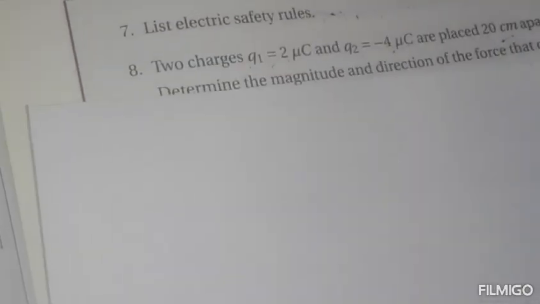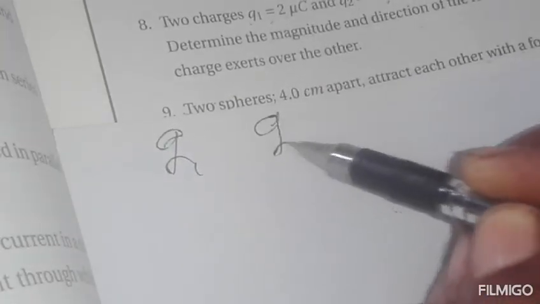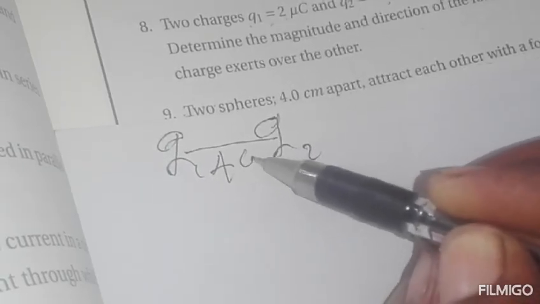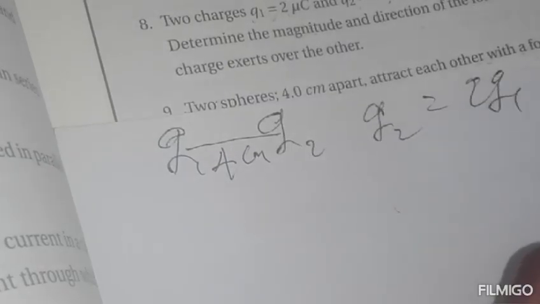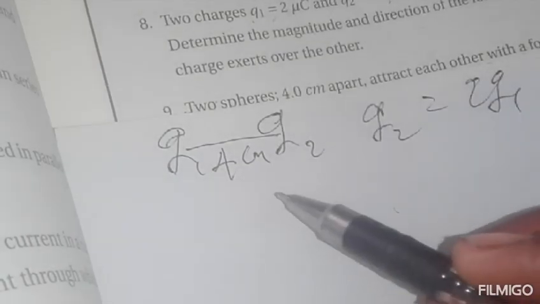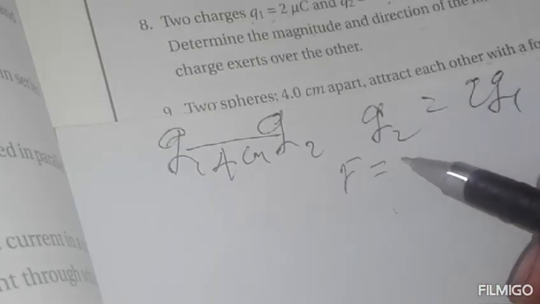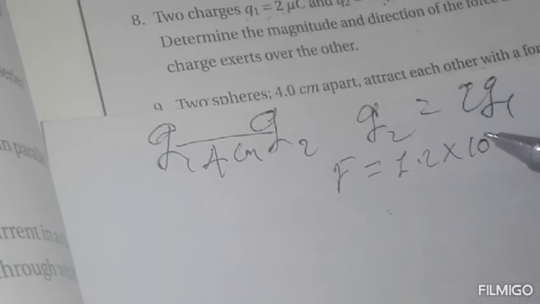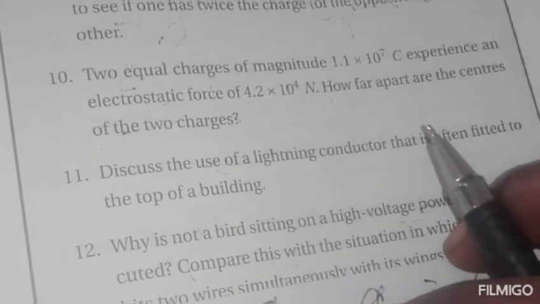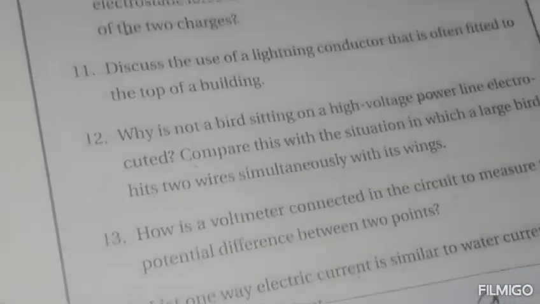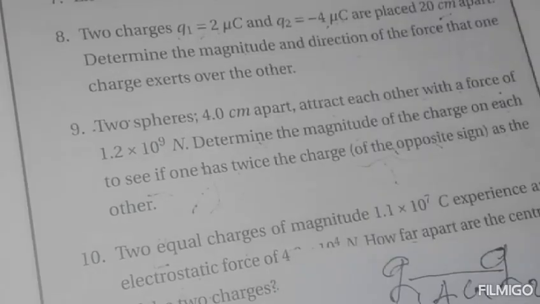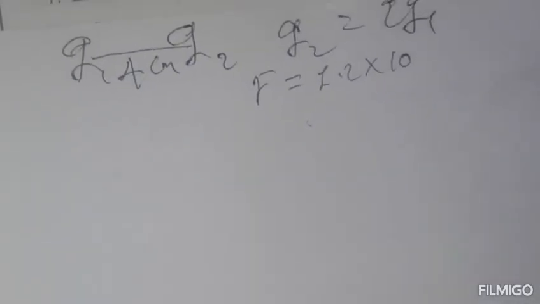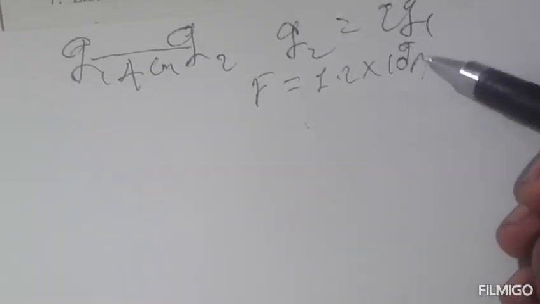You have to state that the gap distance between these two charges, charge 1 and charge 2, is 4 centimeter, and if charge 2 is twice of charge 1, then the electrostatic force is 1.2 times 10 to the power of 9 Newton.